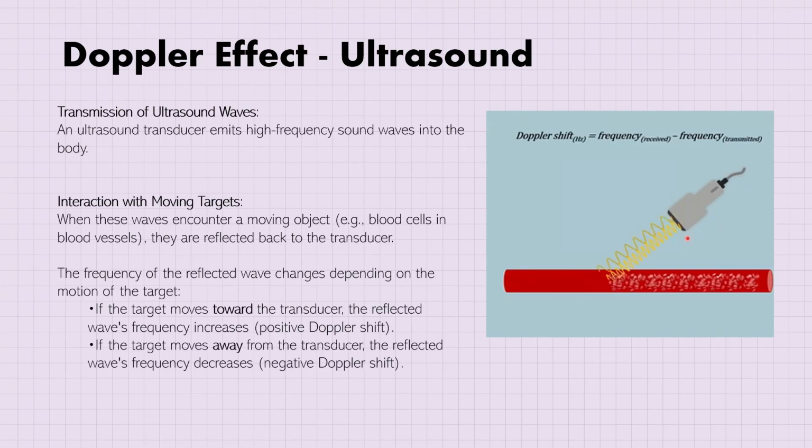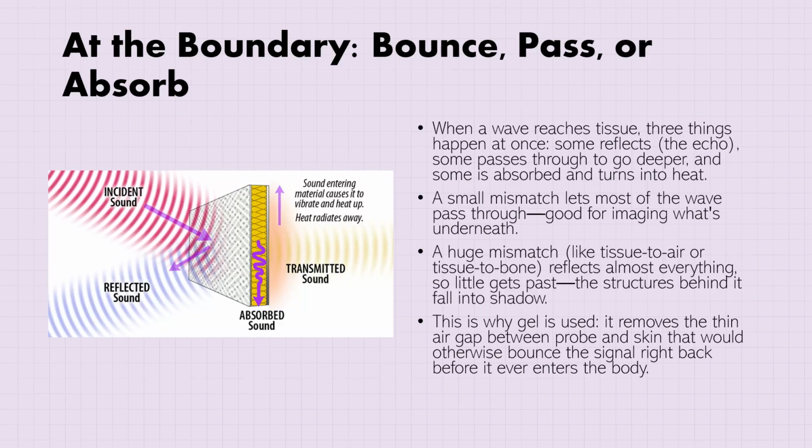So, the frequency of the reflected wave changes depending on the motion of the target, for example, the motion of blood cells within blood vessels. If the target moves towards the transducer, the reflected wave frequency shifts upward. We get a positive Doppler shift. And if the target is moving away, then we get a negative Doppler shift.